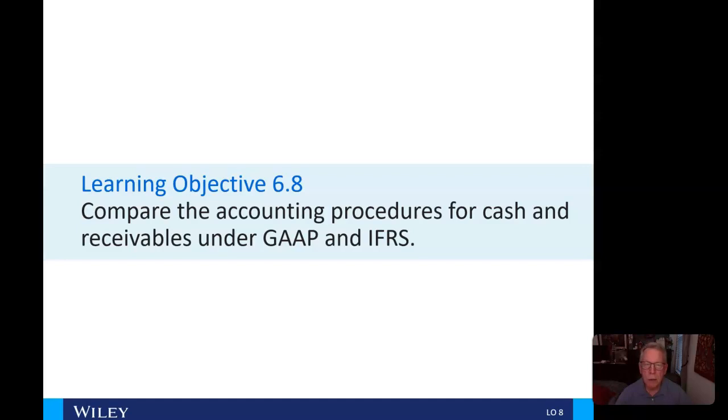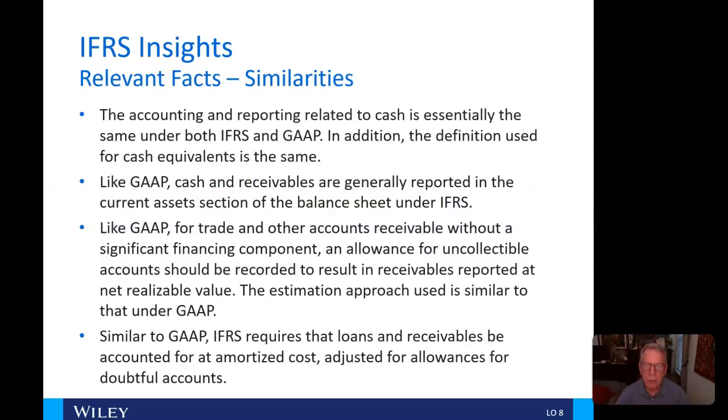Okay, so now if I look at the accounting procedures for cash under GAAP and IFRS, the relevant facts were similar, generally speaking, between GAAP and IFRS for the definitions that we use here for cash equivalents. Like GAAP, cash and receivables are reported in the current asset sections of the balance sheet under IFRS.